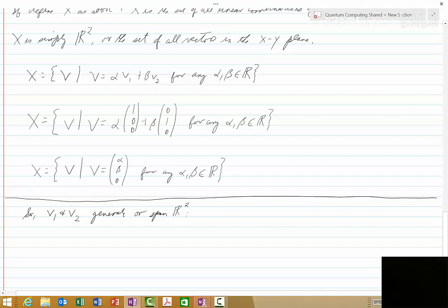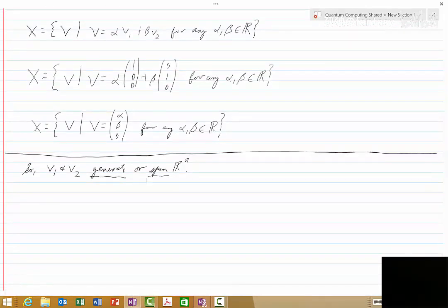These words, generate and span, are just two words that you will see frequently in linear algebra texts. Now let me try to introduce another idea.